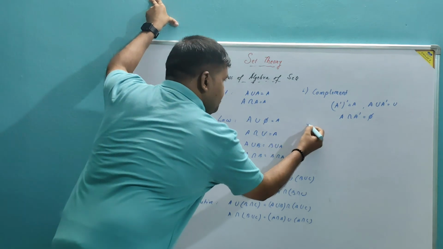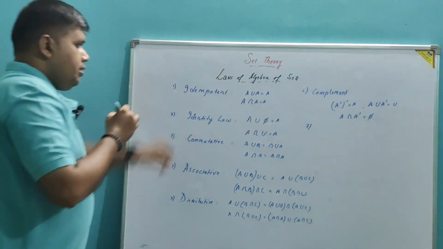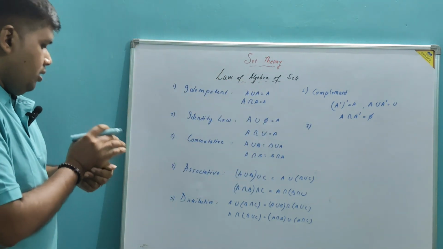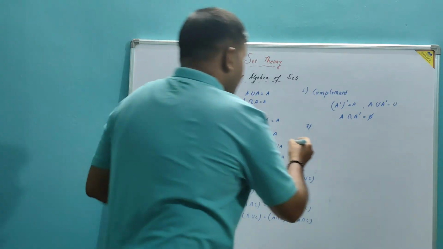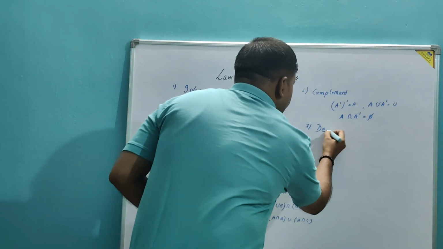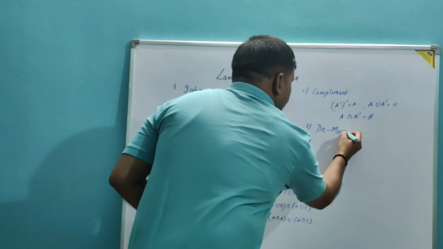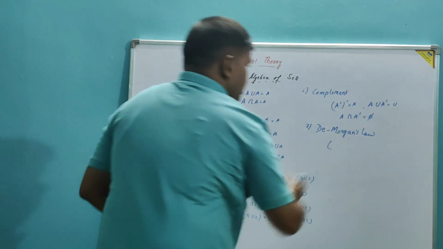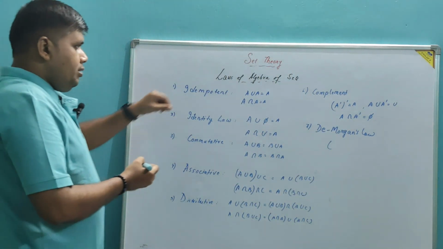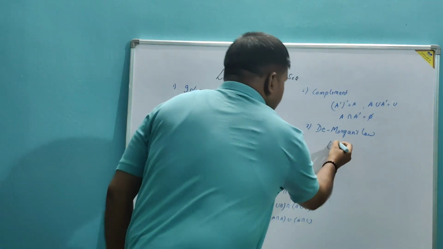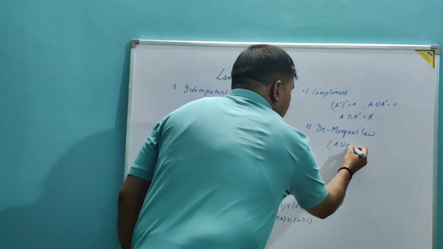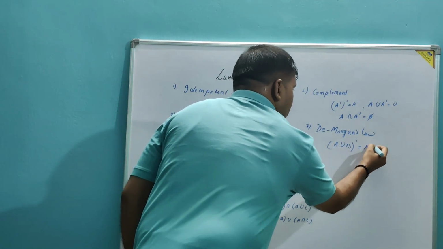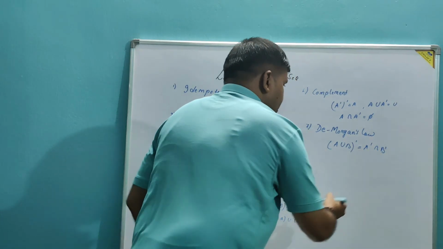Next law in set theory is De Morgan's law. In this there are two variations. The first one is (A union B) whole complement is equal to A complement intersection B complement.